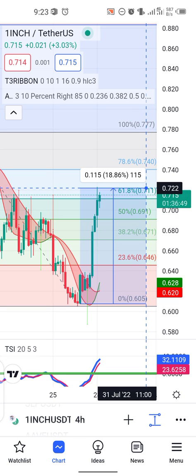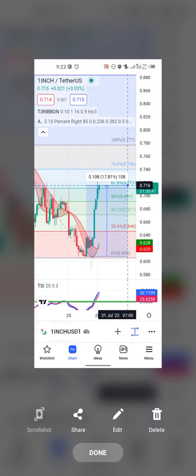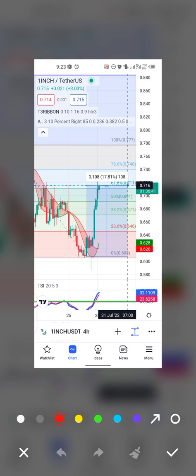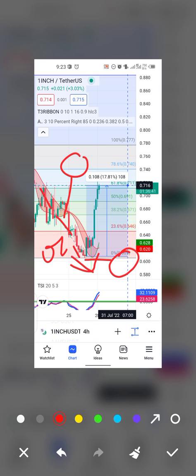When you find that 0 is on top and 100 is on bottom, look at this dotted line down here. Let me just show you again. Look at the dotted line, this one. When the market is getting down, this must be your most exciting area to find a trade that is touching the 0 line. So the 0 is here, the 100 is down, it means it's a downward trend.